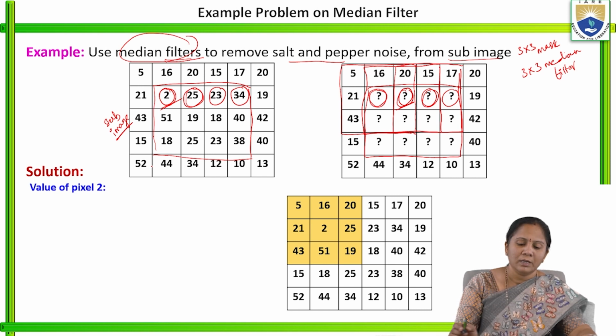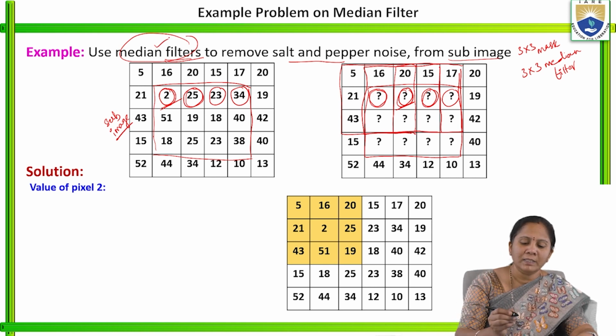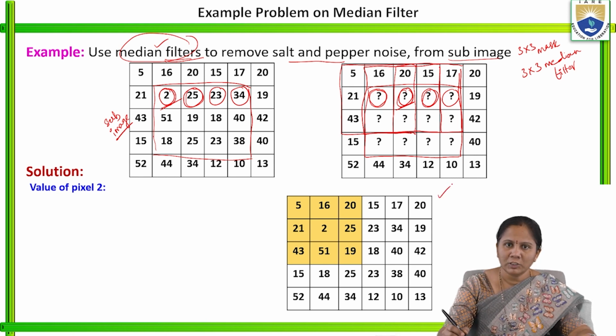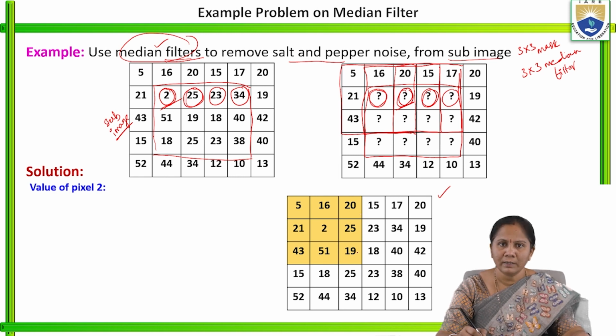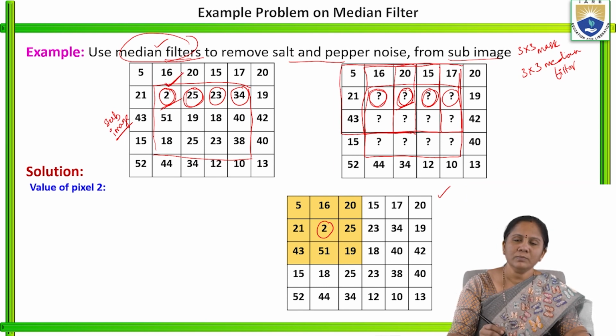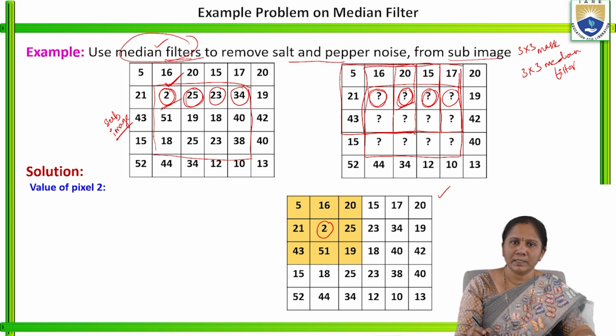Now if we apply this median filter, here is the sub image. We have placed the mask here, that is the median filter. If we place the mask here, this 2 becomes the center pixel which we need to find. First, whether it is a median filter, min filter or max filter, we have to write all the neighborhood values of the center pixel in ascending order.